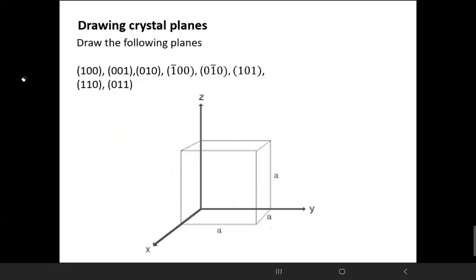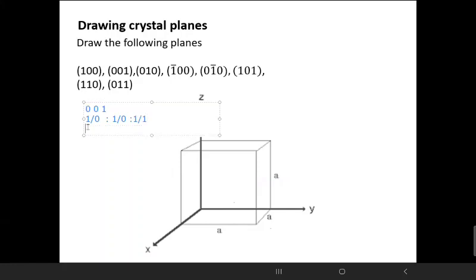Now we will check the second one: (0, 0, 1). What is the first step? You need to find the reciprocal. So 1 over 0, 1 over 0, 1 over 1.